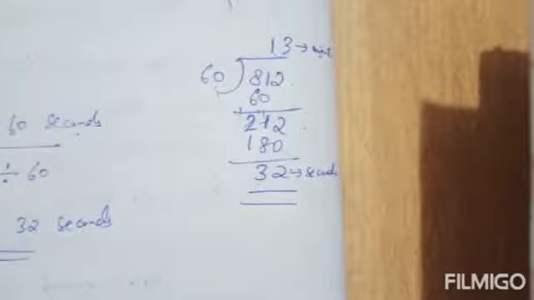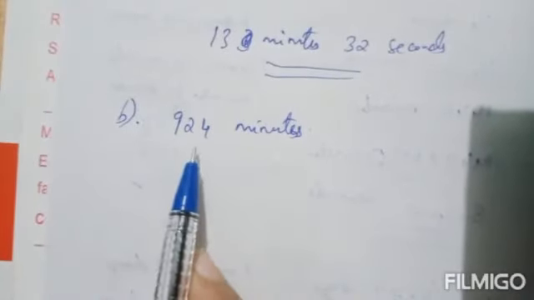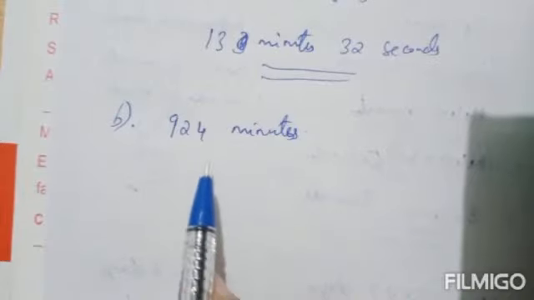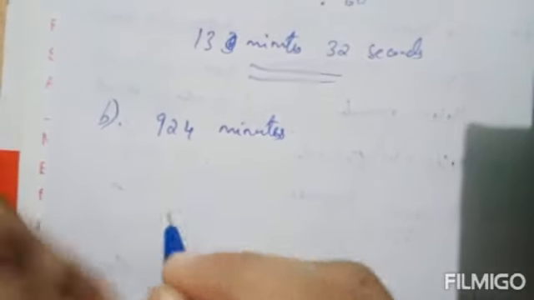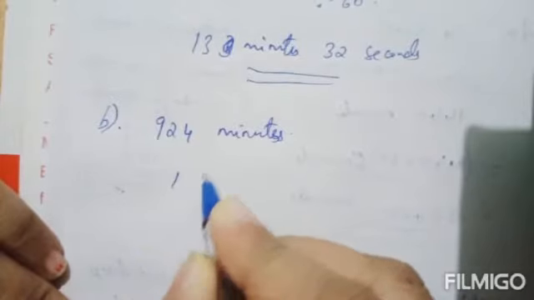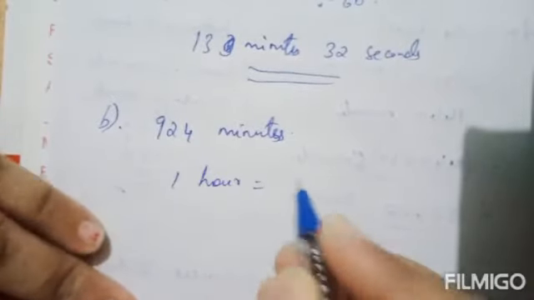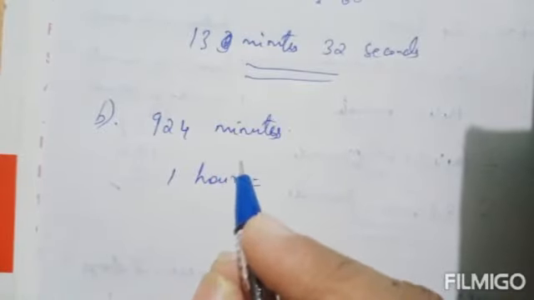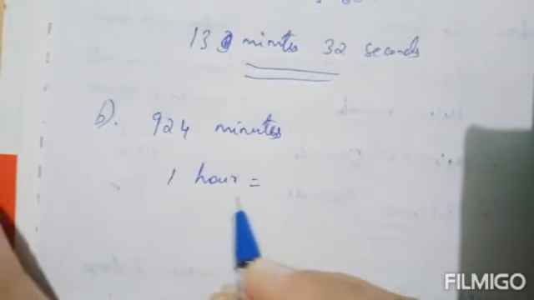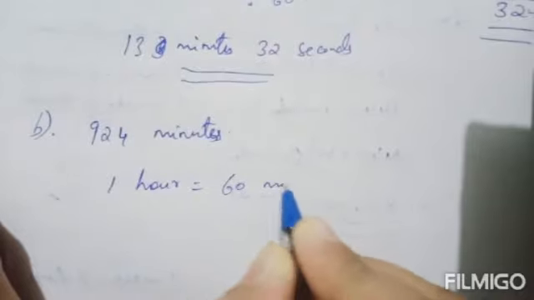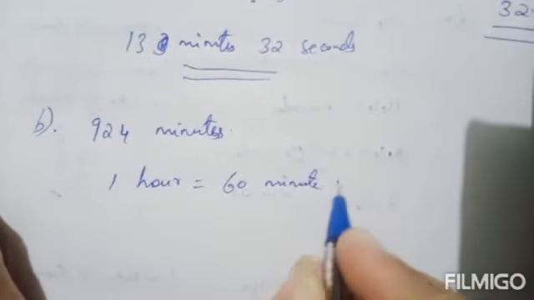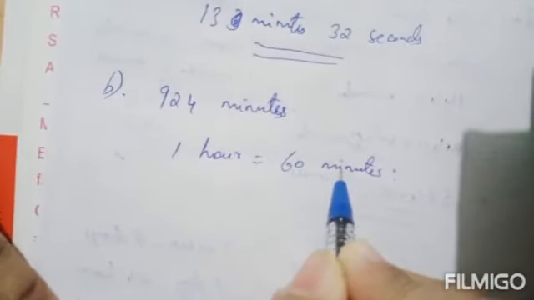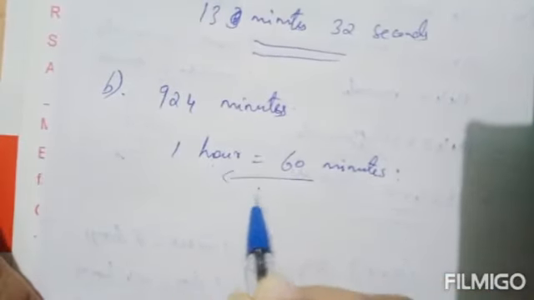Okay. Next B, 924 minutes into hours and minutes. So the relation between hours and minutes we are taking here. Minutes you have to convert to hours and minutes. So 1 hour equal to 60 minutes. So in order to convert minutes to hours, what to do?